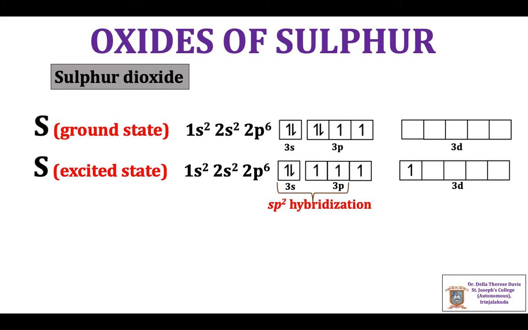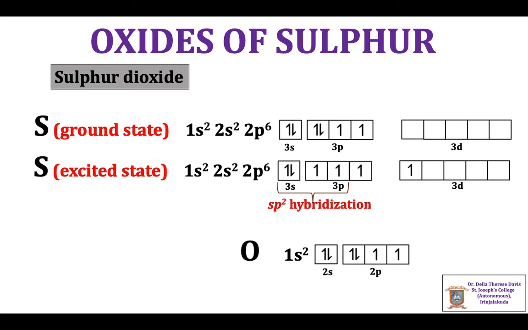Out of these 3 hybridized orbitals, one contains the lone pair of electrons. The other 2 hybridized orbitals form sigma bonds with oxygen atoms.